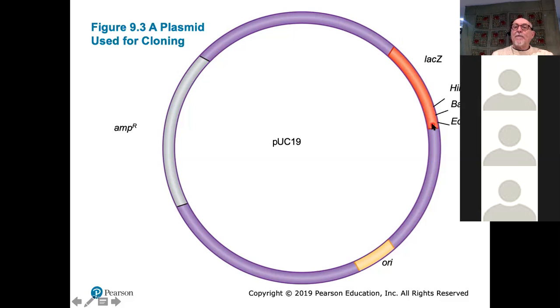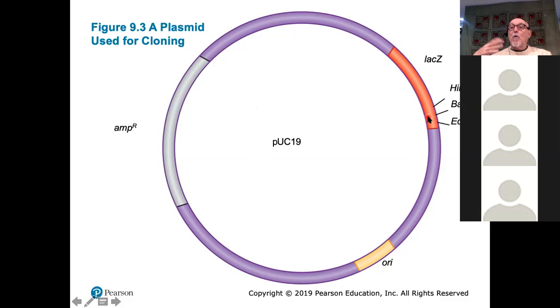So all I've got to do is test first for ampicillin. Growth on ampicillin means it's got the plasmid. Then I've got to test to see whether the LAC-Z gene has been disrupted. If the LAC-Z gene has been disrupted, it's probably because I successfully inserted my gene of interest in here.